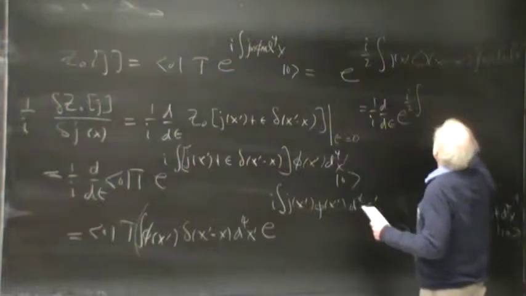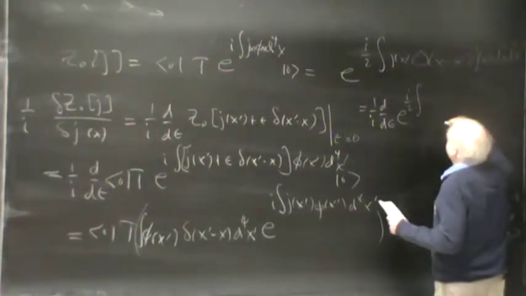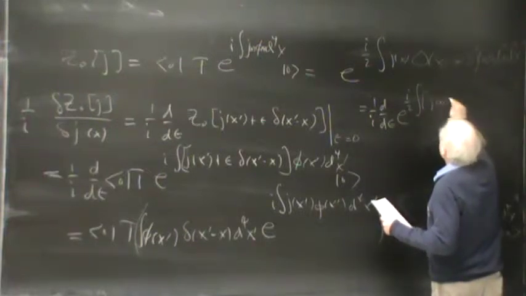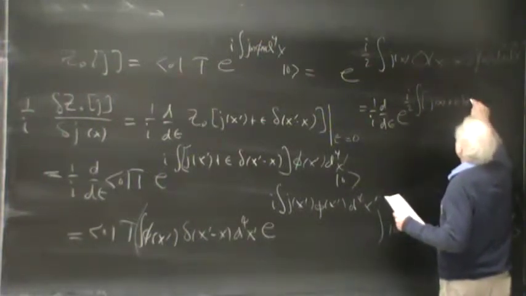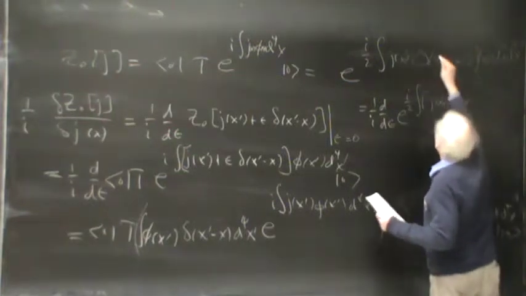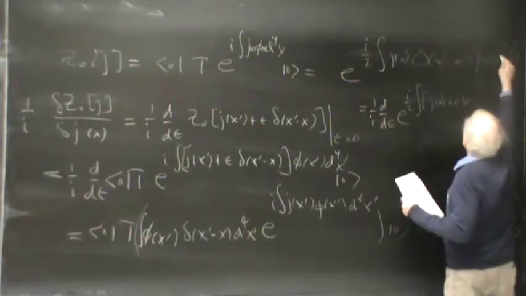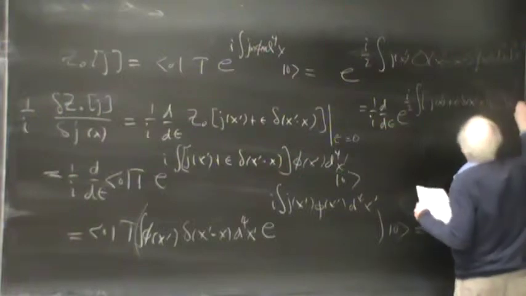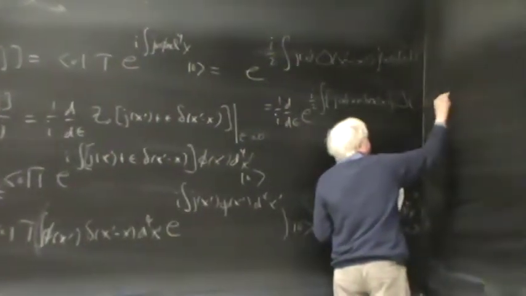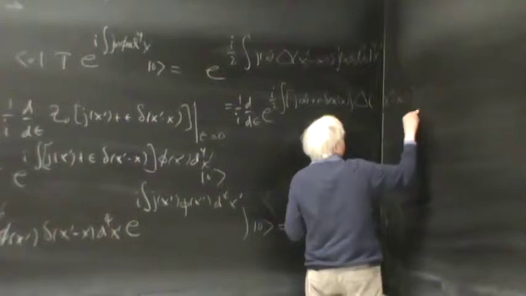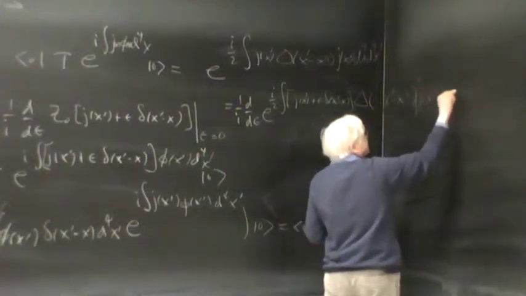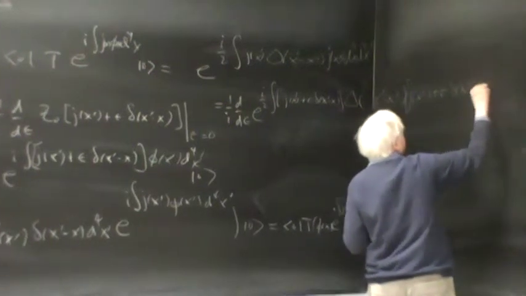And now what we'll have is j of x prime plus epsilon delta of x prime minus x, I'll make this prime and this double prime, so it's delta of x prime minus x double prime, and then j of x double prime plus epsilon delta of x double prime minus x.